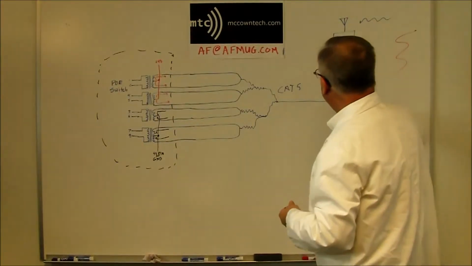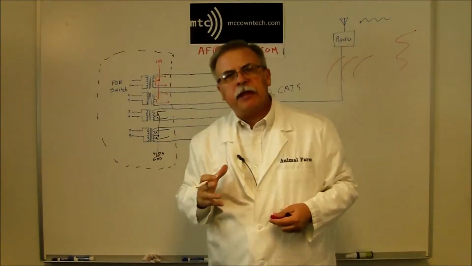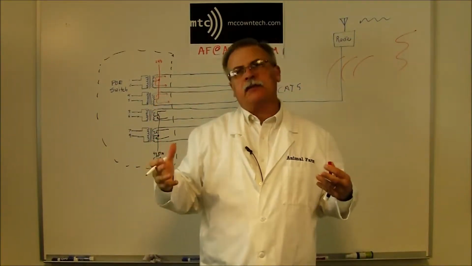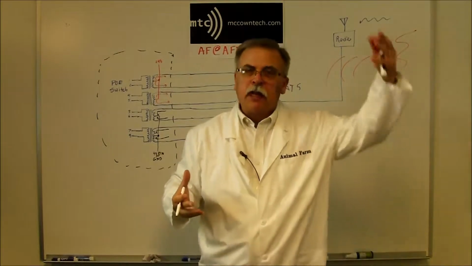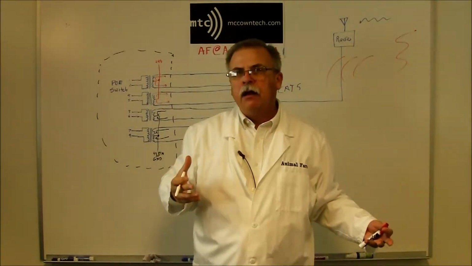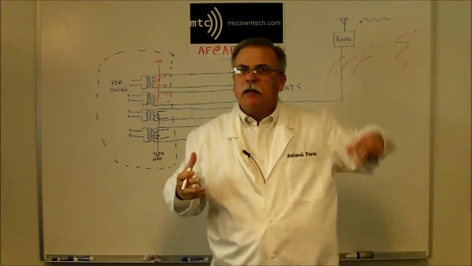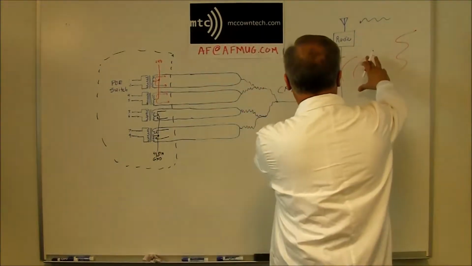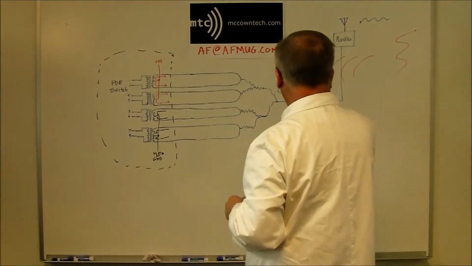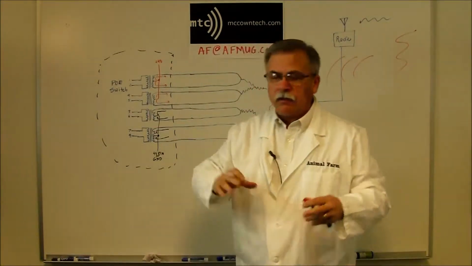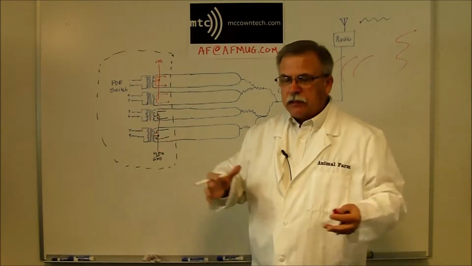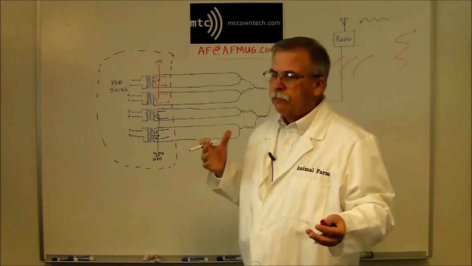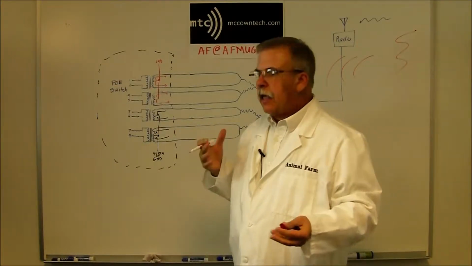The Cat5 cable, all 8 wires of it, becomes basically a single winding air core transformer, where the lightning strike and the ionized air of the lightning strike is the one winding of the primary, and your Cat5 is the secondary of this nasty transformer. So it induces a huge voltage, as high as 10,000 volts, depending on the distance to the strike and the length of the cable that's exposed.